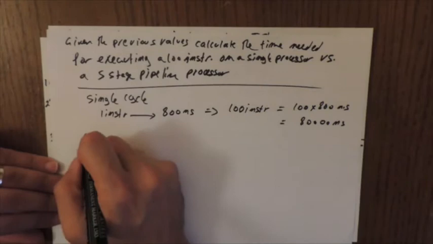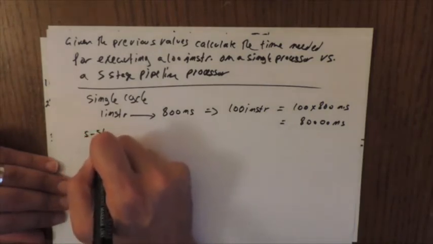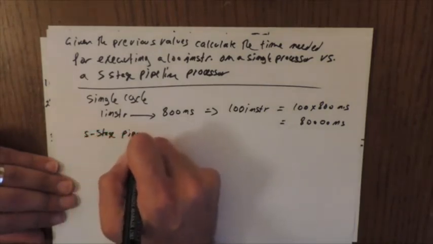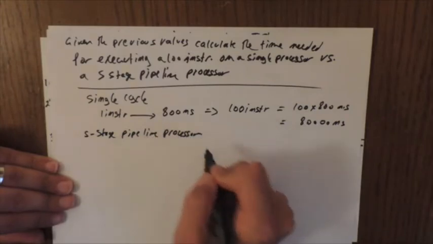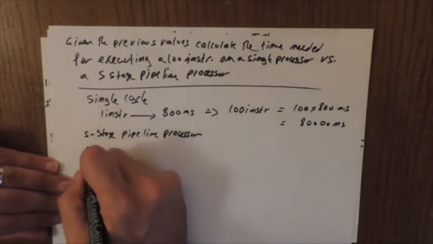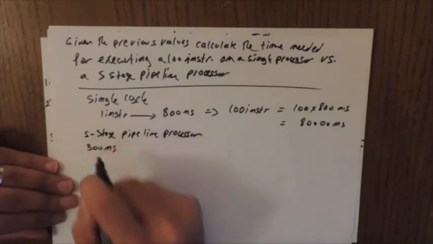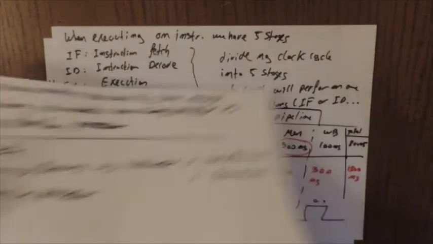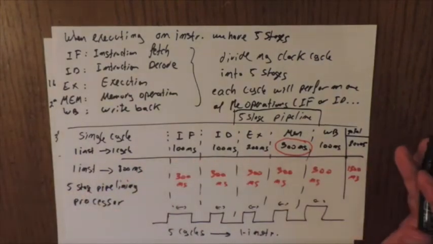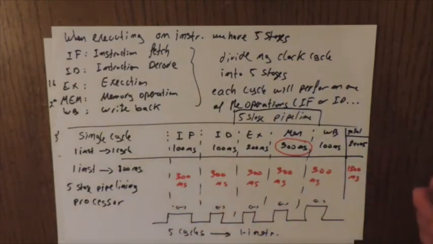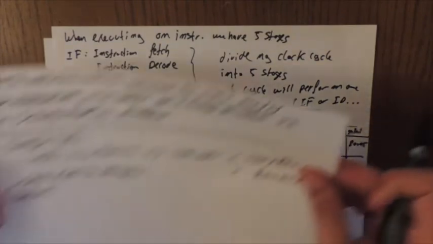Now, let's take the case of a 5-stage pipeline processor. As you see, our period is 300 nanoseconds. So the total is 1,500 nanoseconds. The first instruction, as it executes, will take 1,500 nanoseconds.